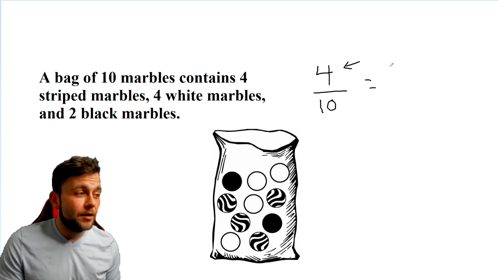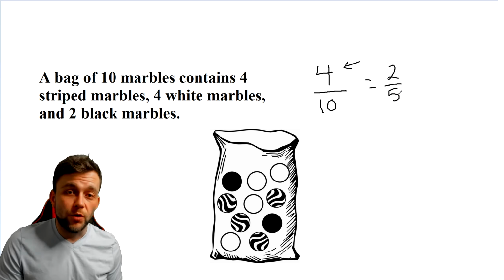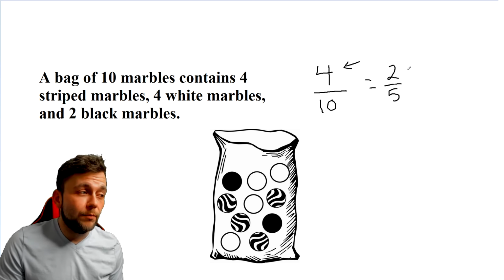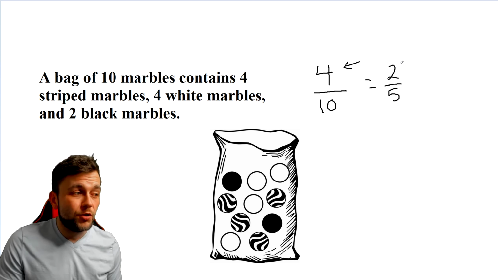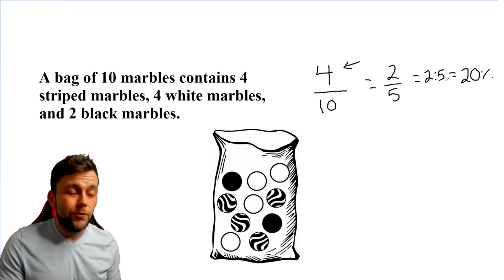So my end fraction is 2 over 5. So the probability of me pulling a white marble is 2 out of 5. Or we can write it as a ratio, like this. And we can also write it as a percentage, 40%. Okay. So not too bad.